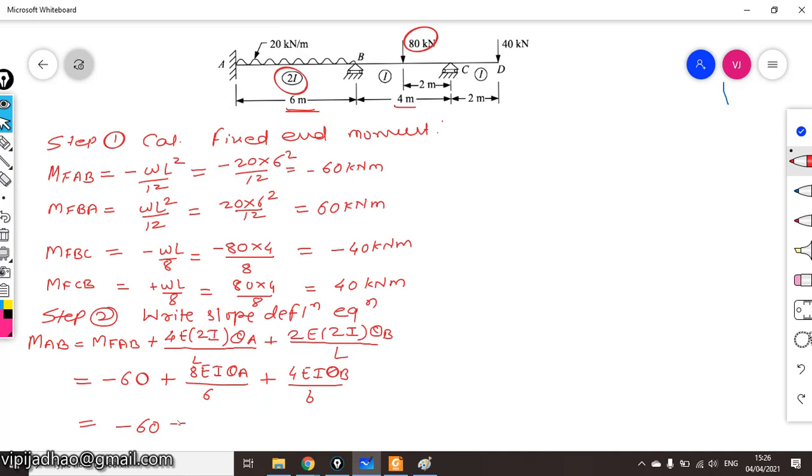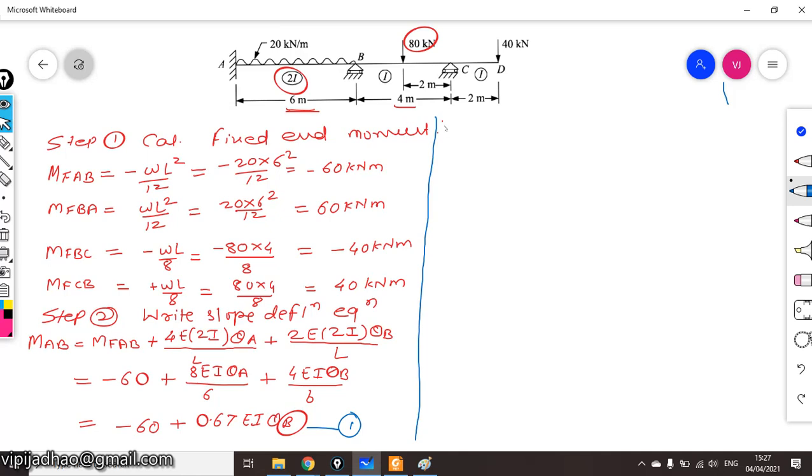So omit that term, plus 4 by 6, that is 2 by 3 or 0.67 EI theta B. This will be your equation number 1. I will write it down side by side here.